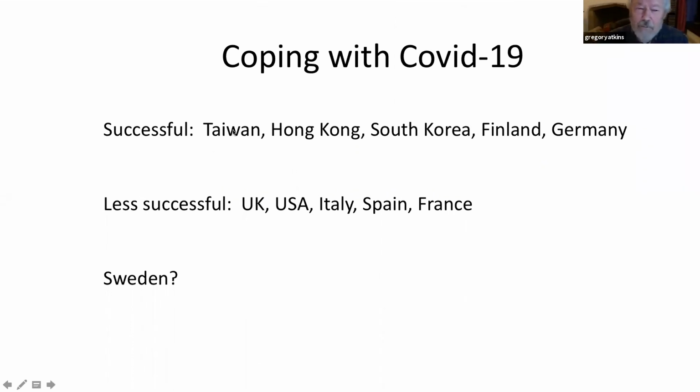Some countries have been very successful in containing coronavirus. These are just 5 of them: Taiwan, Hong Kong, South Korea, Finland and Germany. Less successful are these countries here. So what's the difference between the two?